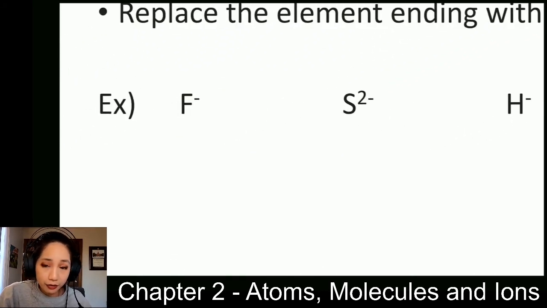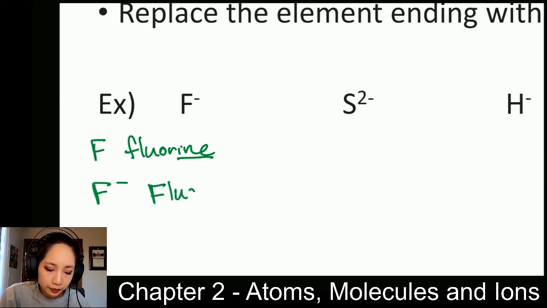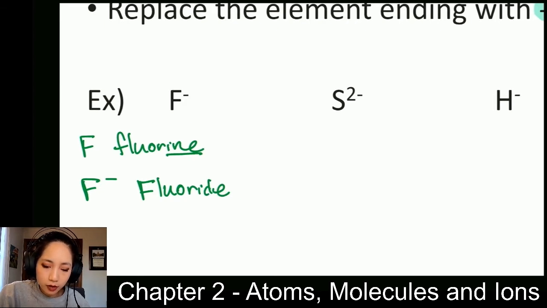So F, which is fluorine. If this was a neutral fluorine atom, we'd call it fluorine. But because it is an anion, F minus, we change the "ine" ending of fluorine to fluoride. Let's see if you can catch on to the trend here. Sulfur here is a sulfur anion.